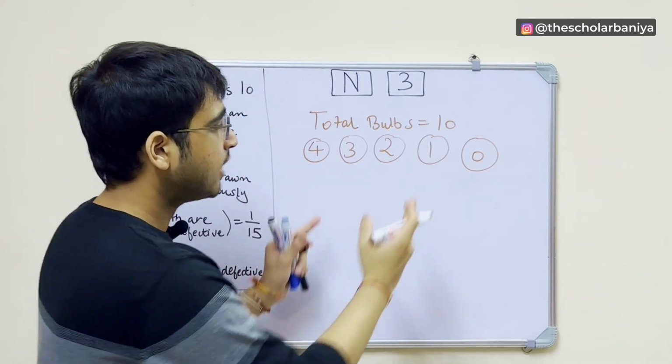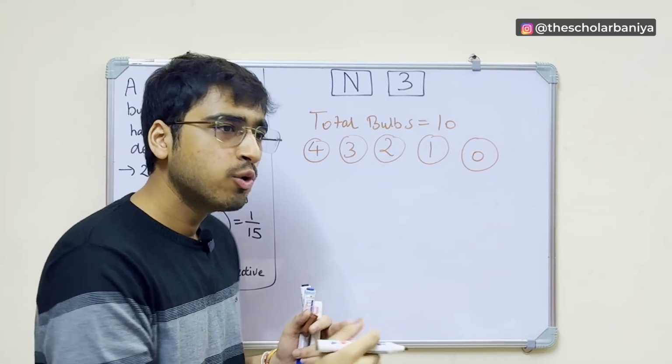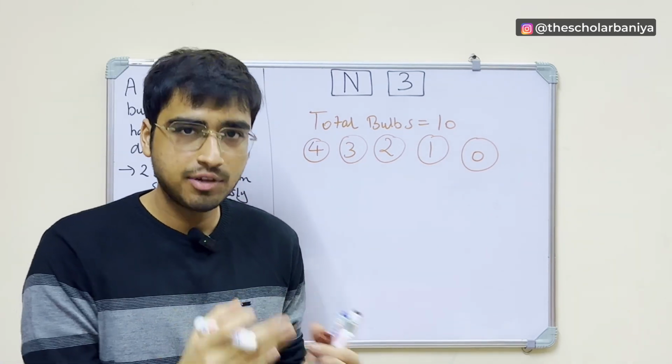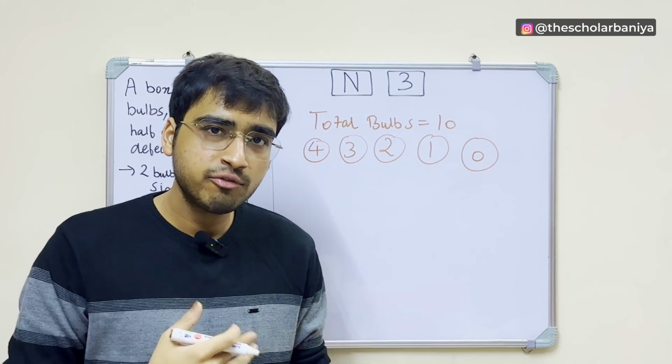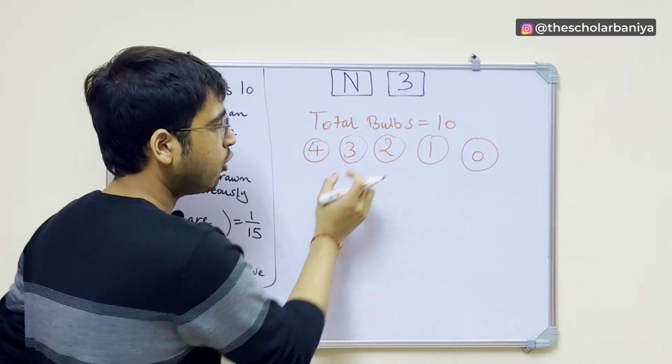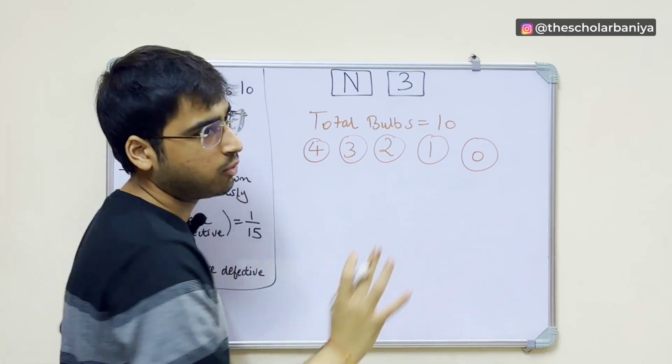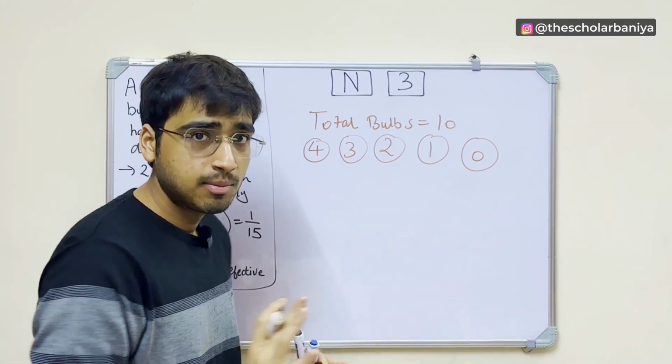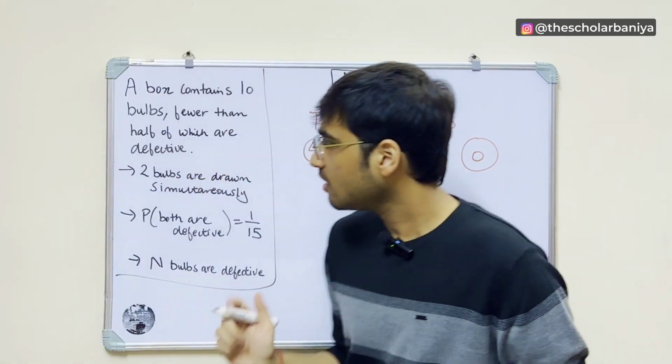There are a total of 10 bulbs, and half is 5. So less than 5 of them are defective, meaning either 4 bulbs are defective, or 3, or 2, or 1, or 0. We don't know. All these are possible options.